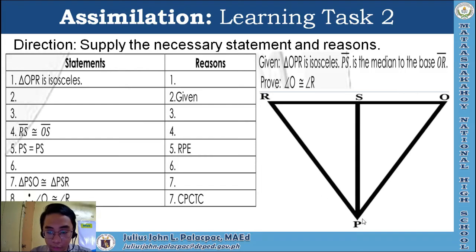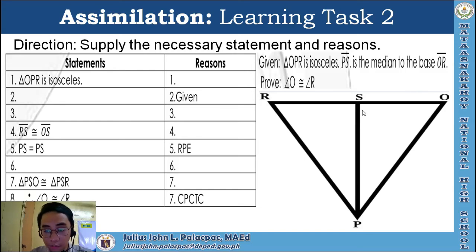And then, kung makikita nyo, PR at PO is congruent to each other. Kaya yun ay definition of isosceles triangle. And then, RS is congruent to OS. Yun naman ay definition of median of triangle. PS is equal to PS. Yun naman ay reflexive property of equality.